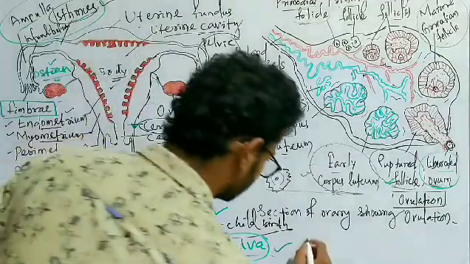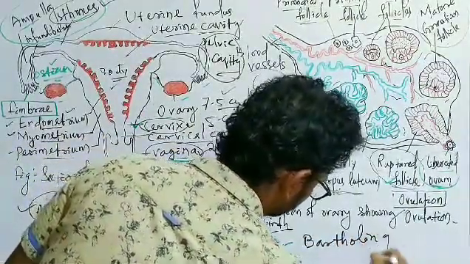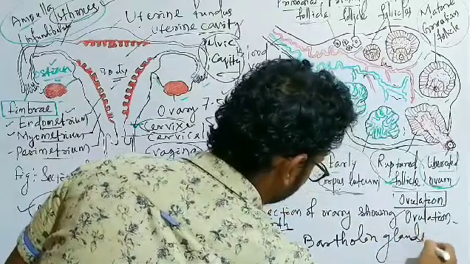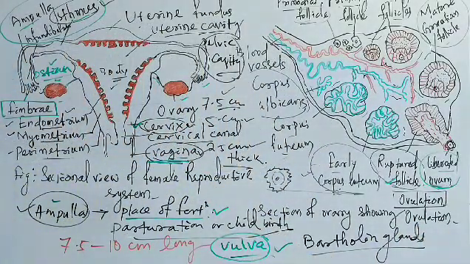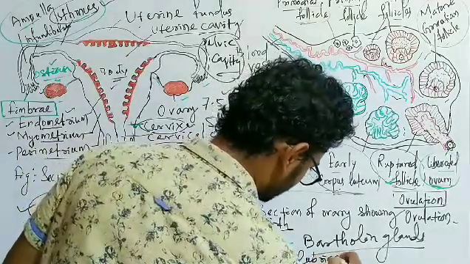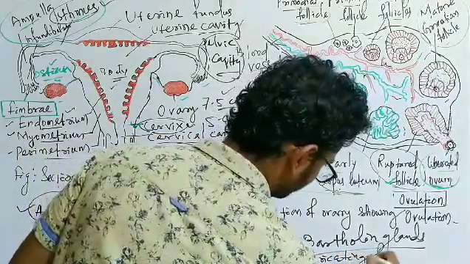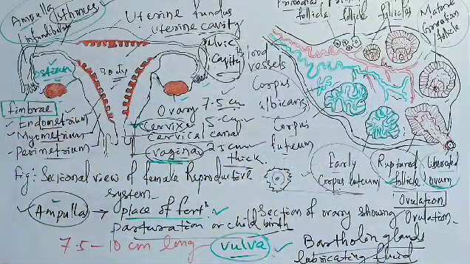This is very important. The Bartholin glands are present in pair and are very small in structure. They secrete the lubricating fluid which lubricates the female genital organ during sexual intercourse.